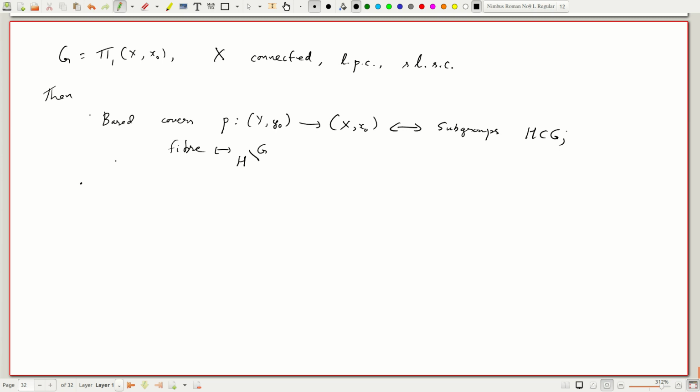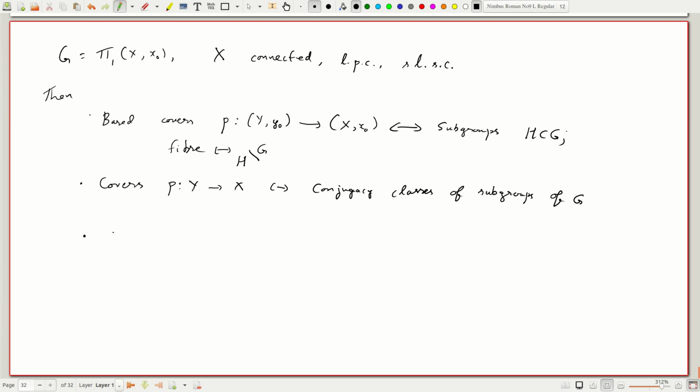Okay, so these are the based covers, and covers p from Y to X correspond to conjugacy classes of subgroups. We have both existence and uniqueness, subgroups of G. Okay, so for each cover, by choosing a base point we get a subgroup, but this is well defined only up to conjugacy, and two of them are isomorphic if and only if they cover.